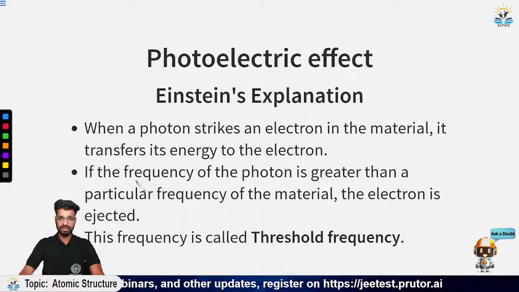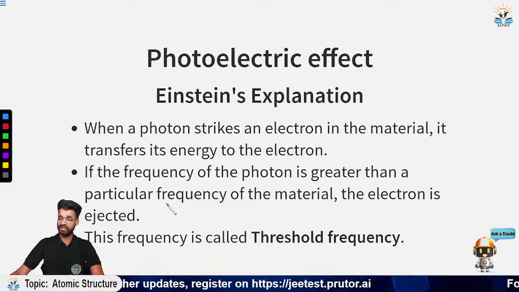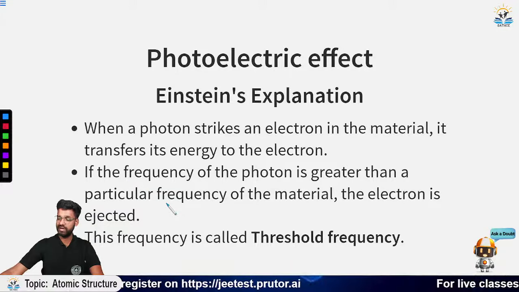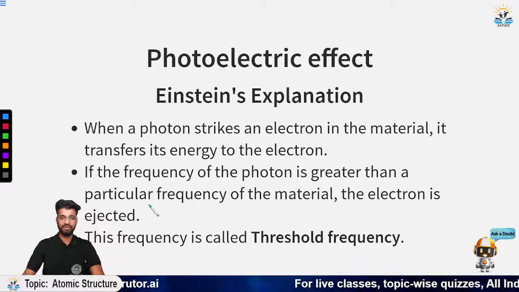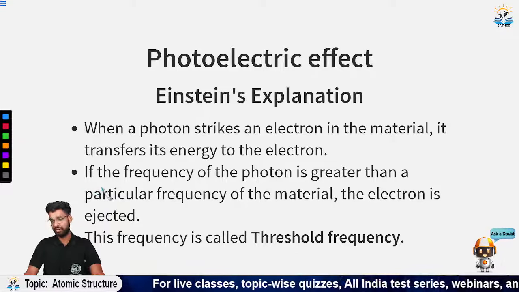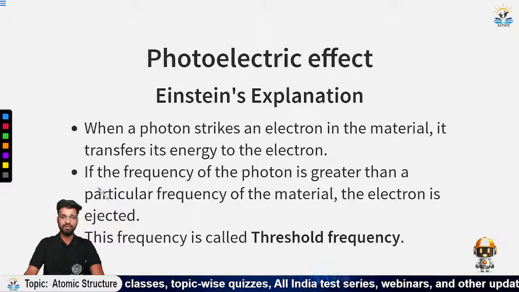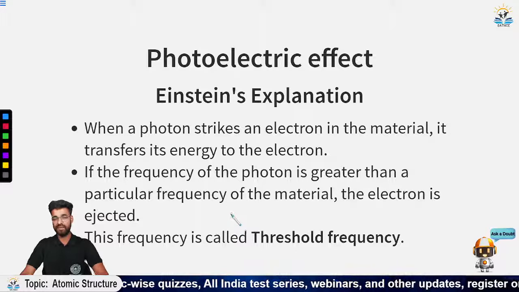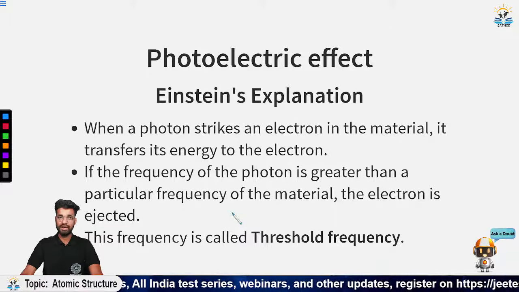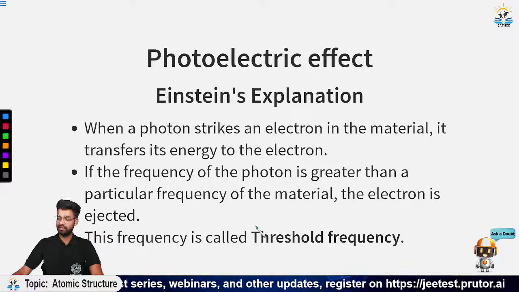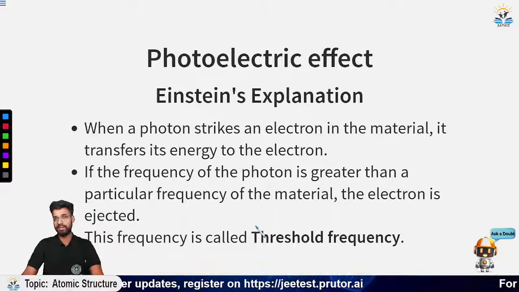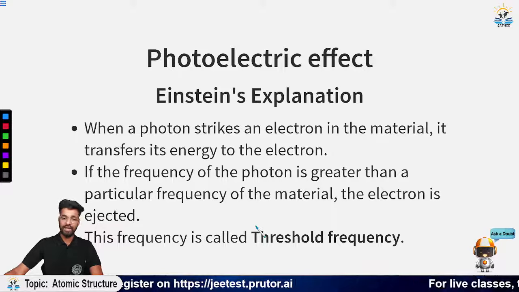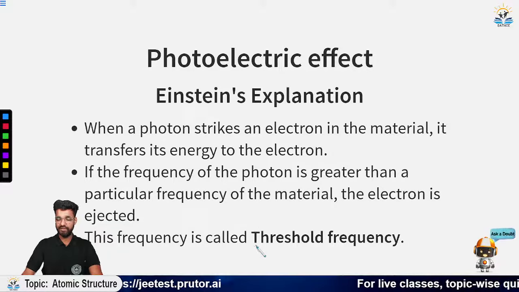Now we will see some key points: what frequency is associated and how it is decided which frequency to take. First of all, there is a particular frequency below which the photoelectric effect is not observed. If you apply an incident ray with some frequency, this frequency is characteristic of the metal and is different for different metals.